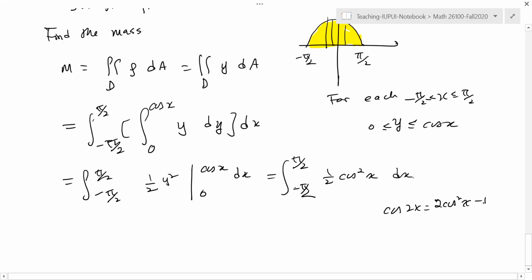So you change it to that. Have to be very careful about this.